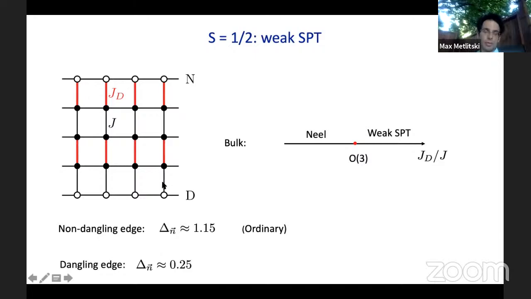You can think of each one of these vertical chains as a Haldane chain with a dangling spin 1/2 at the edge. So this paramagnet is a weak SPT, and we are exactly in the scenario I discussed in the introduction, where you have an SPT, you tune this SPT to a critical point, and you ask whether anything remains of the protected edge of the SPT. So this is what people thought leads to this difference between the dangling edge and the non-dangling edge.